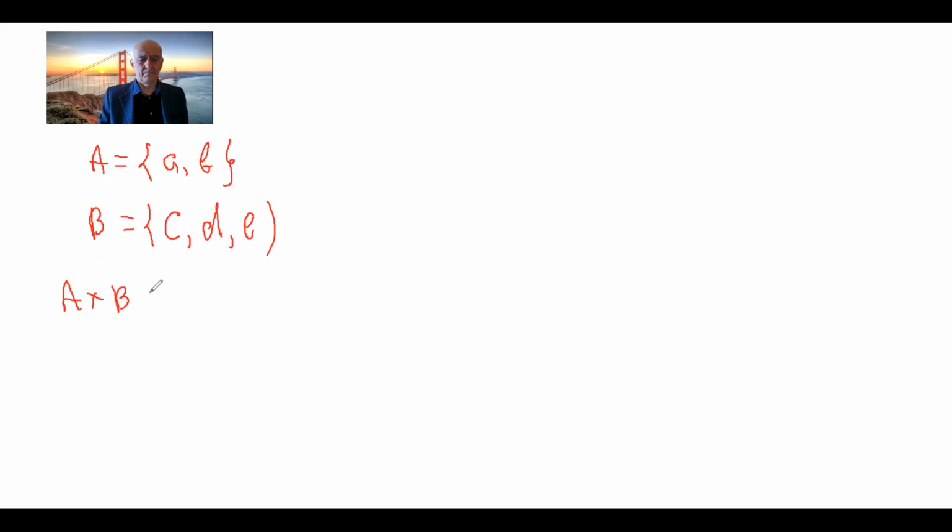But it seems to me it's not clear for you what the Cartesian product is. Let's take set A with 2 elements, A, B, and set B with 3 elements, C, D, E. And now let's write down the Cartesian product.